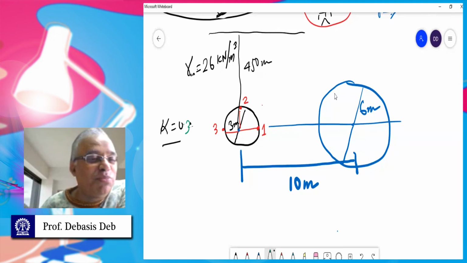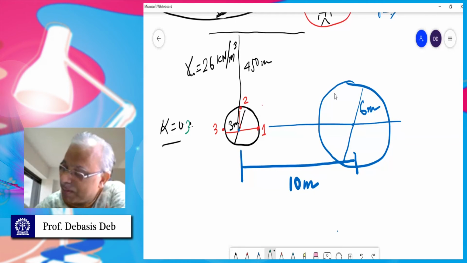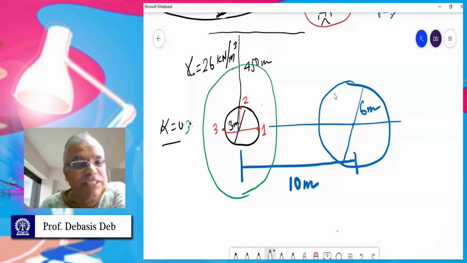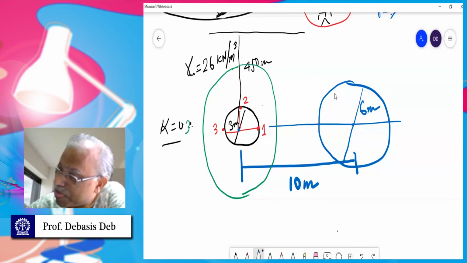The zone of influence will be elliptical, and I'll show you. It is basically something like this. I will show you all the calculation. Similarly, you have to do the same for this one. This will be an even bigger one, and it is also an ellipse.